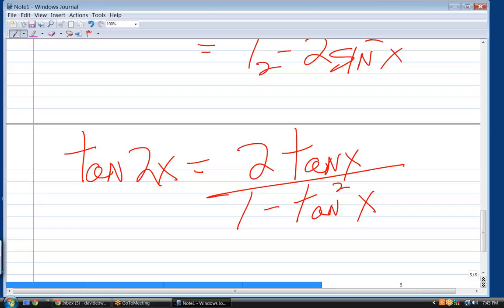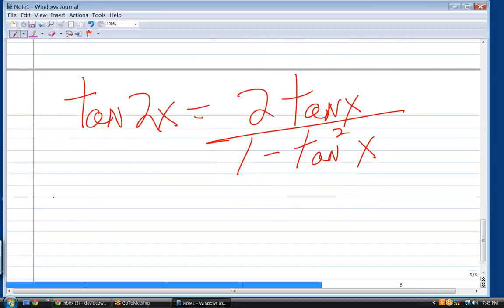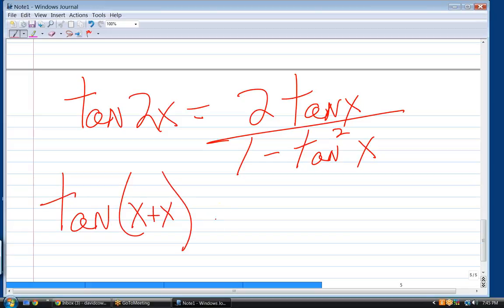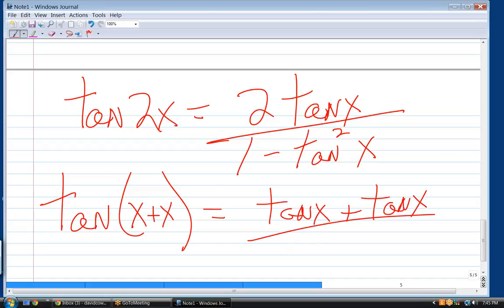Okay. I'll tell you a good way to memorize this. If you think about it, that's the same as tan of x plus x, right? Well, in my sum and difference formula, that would have been the tan of x plus the tan of x all over 1 minus the tan of x times the tan of x.